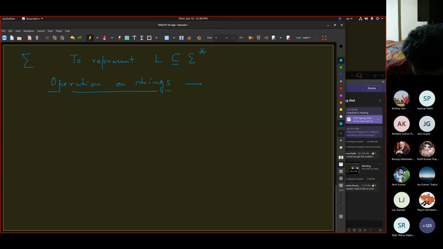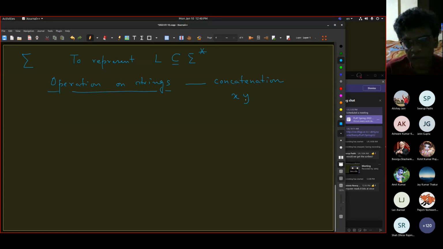But they support a kind of non-arithmetic operation called concatenation. The concatenation of two strings x and y is nothing but writing all the symbols of x followed by all the symbols of y. So that is the concatenation of x, y.